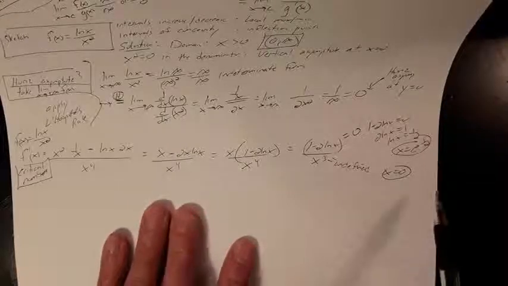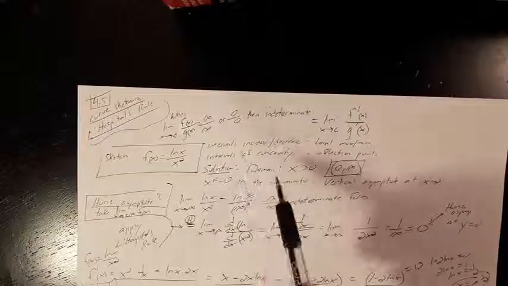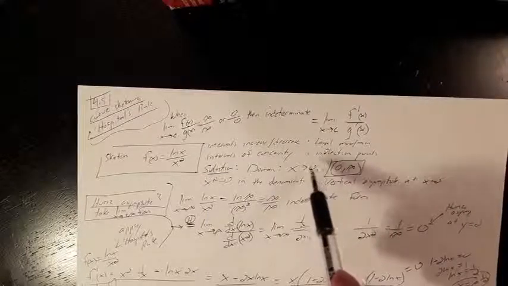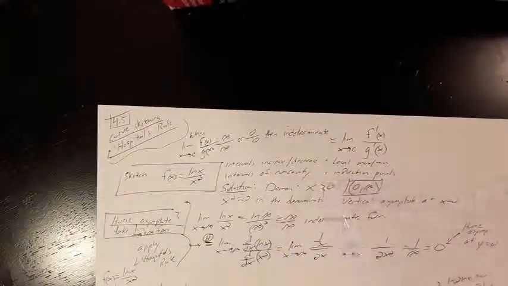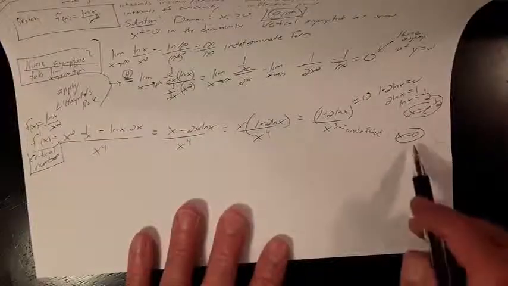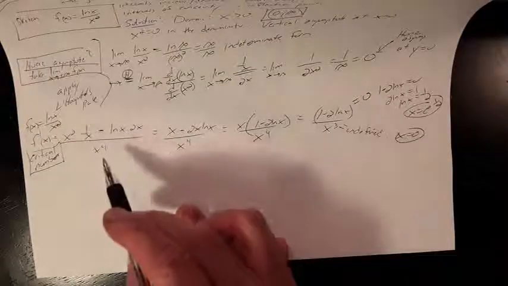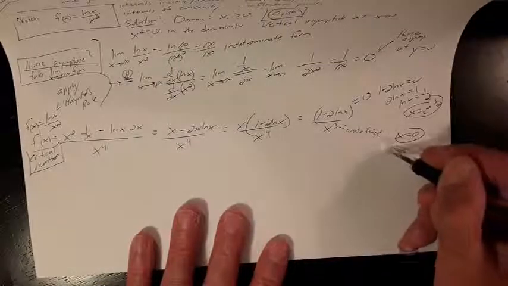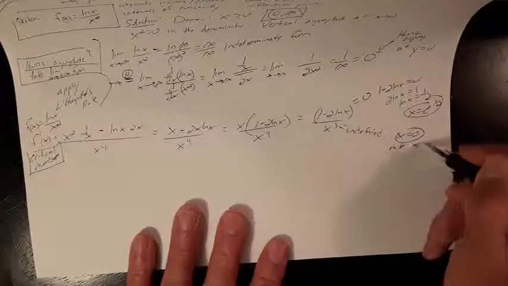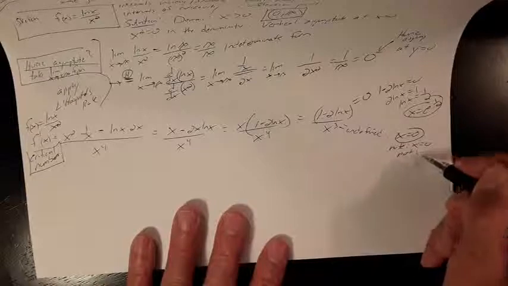But, okay, actually, I got to be careful about that. Because remember how x equals 0 is not even in the domain of this function? Remember how our domain is only talking about x is greater than 0? So x equals 0 is not in the domain, so it can't be formally a critical number, right? So note, x equals 0 not in domain.